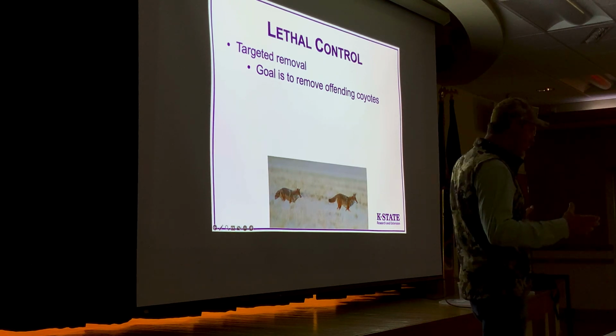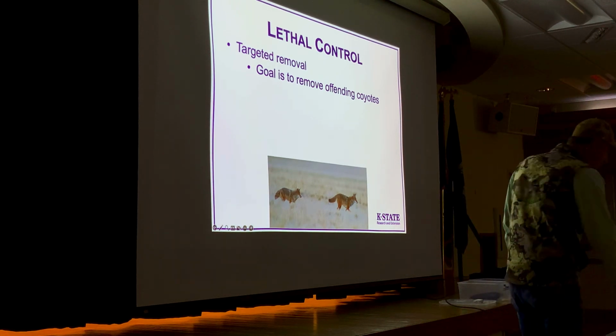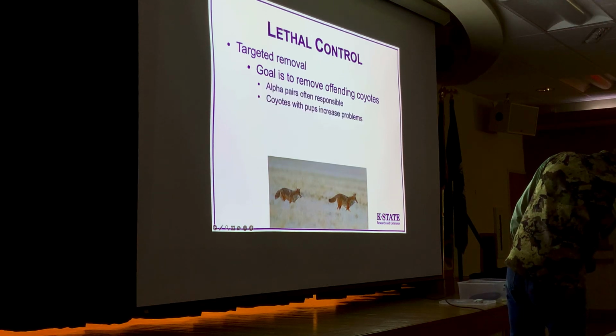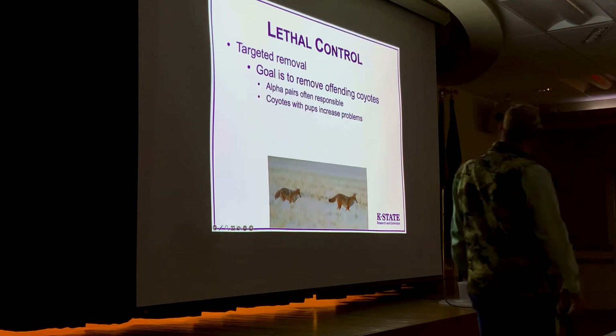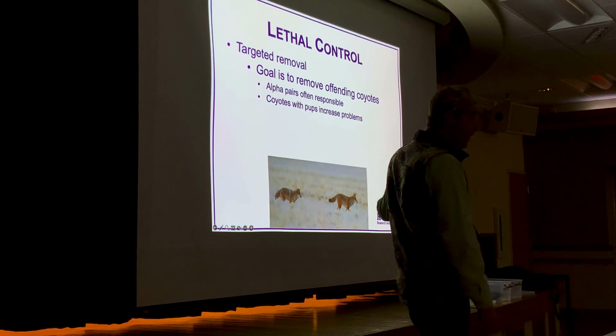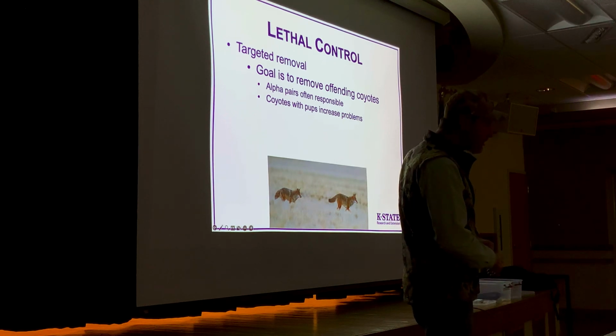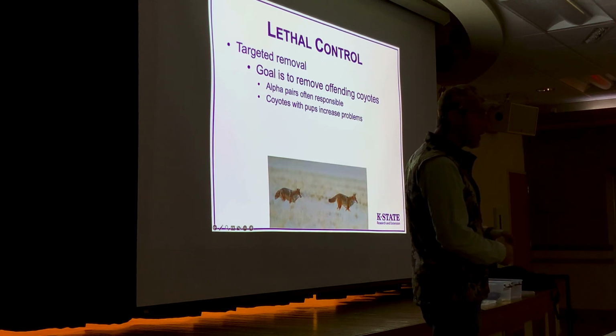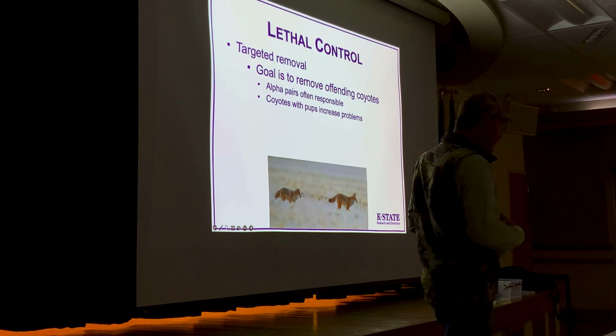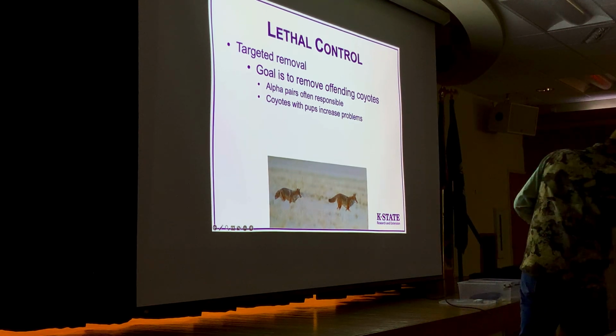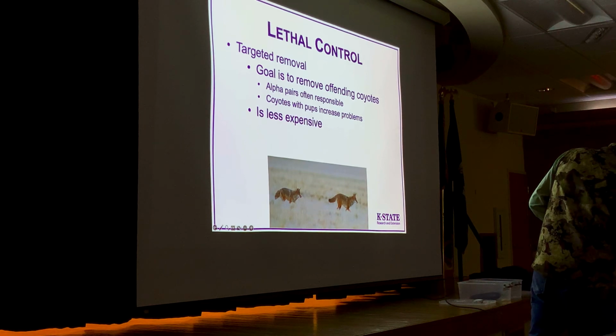Okay, so our goal is not population reduction. That doesn't work very well with coyotes for a number of reasons that we'll talk about. Our goal is to remove the problem critters. It's typically going to be alpha pairs that are responsible. And usually, it's during time periods when they've got pups on the ground, because that's when they need the larger food sources the most. Targeted removal is less expensive than trying to do a predator reduction program.